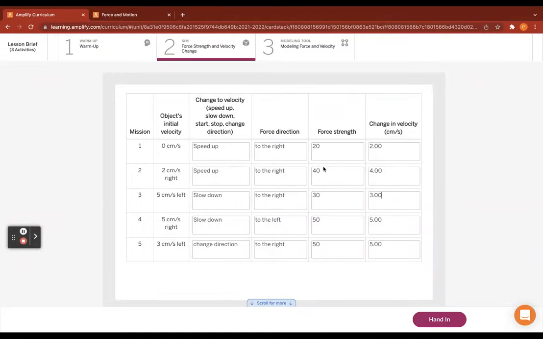When the force strength was 40, the velocity changed by 4 centimeters per second. When the force strength was 50, the velocity changed by 5 centimeters per second. So it seems like when I use less force, there is a what? When I use more force, there is a what?